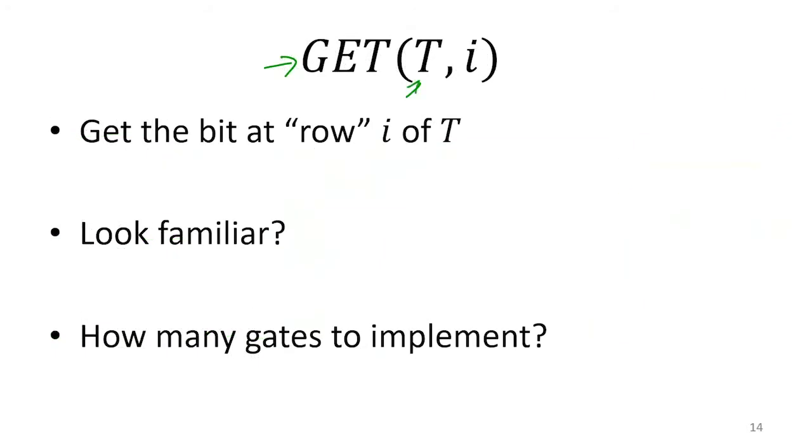So with get, I'm giving you the string that represents all of the bits in that table in order, so the 0th bit holds the value of variable 0, the first bit represents the value of variable 1, and so forth. The way that get works is I hand you the bit string t and the variable's number i, and it gives us as the result the value of that variable i.